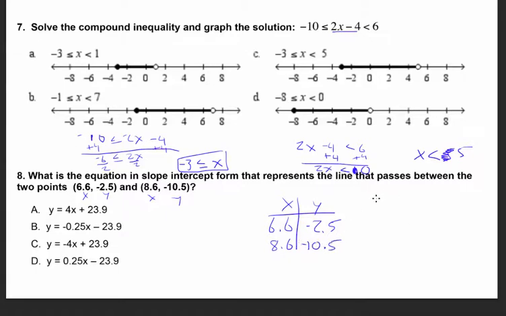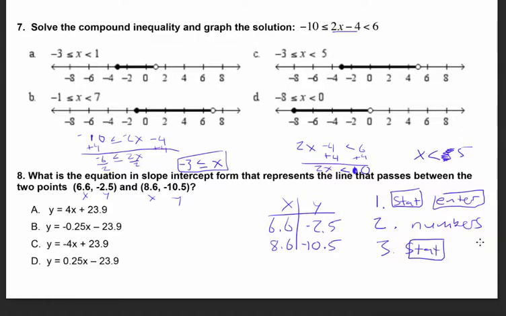Using this table, I can go in my calculator. First, I need to go to Stat and press Enter. Then I'm going to put in my numbers. And then last, I'm going to go Stat, Calc, and then go down to 4, LinReg.